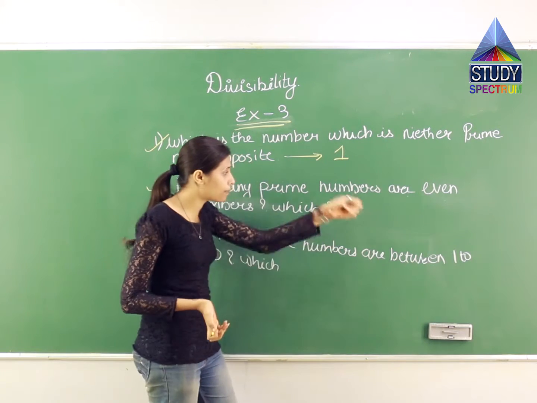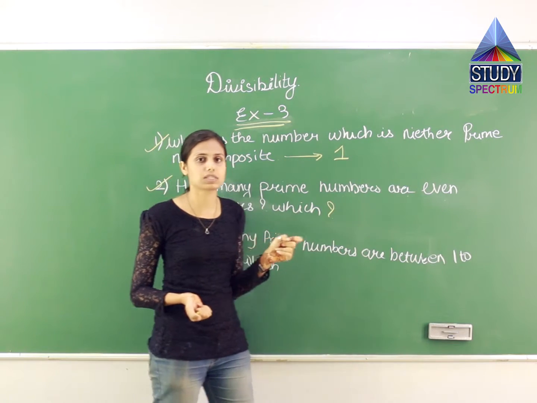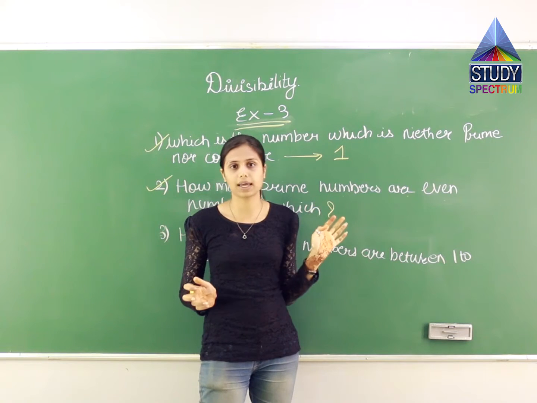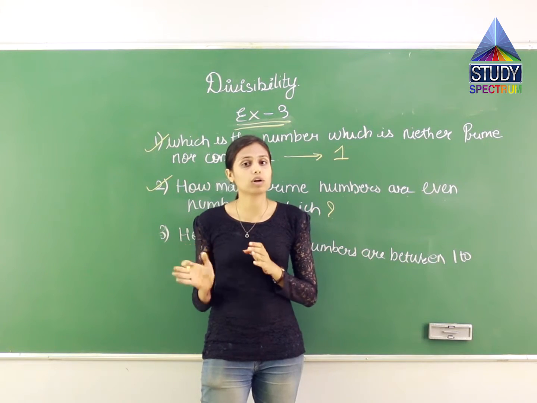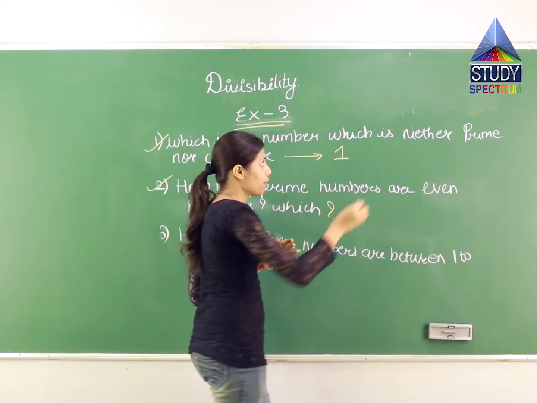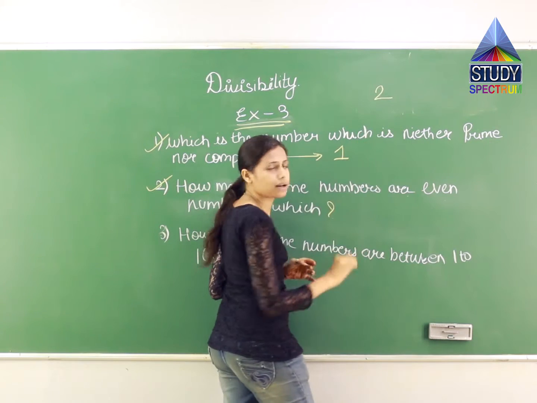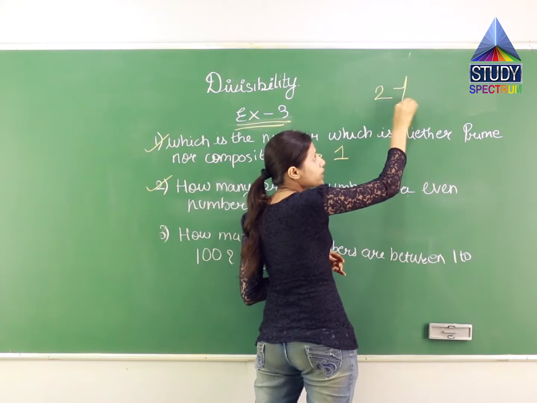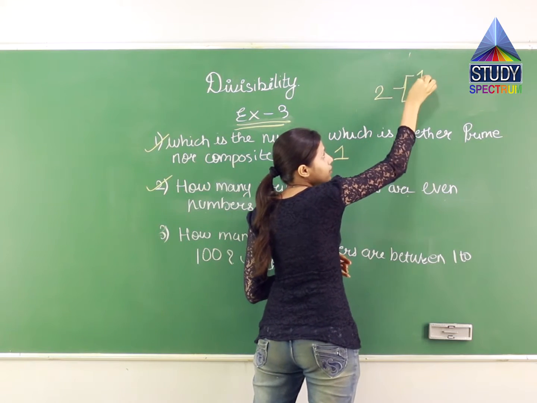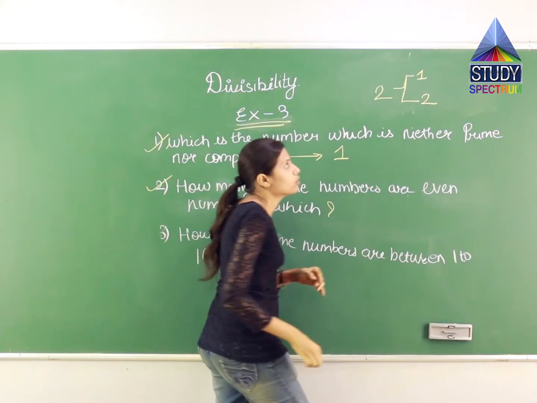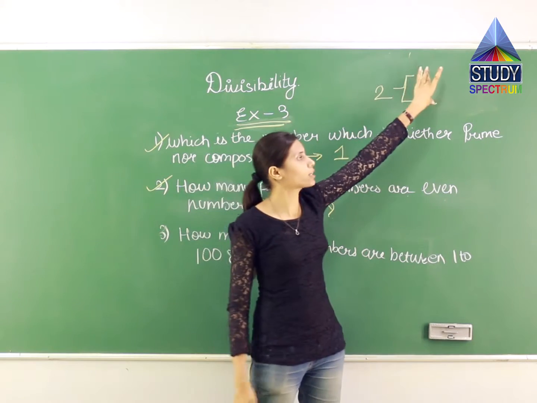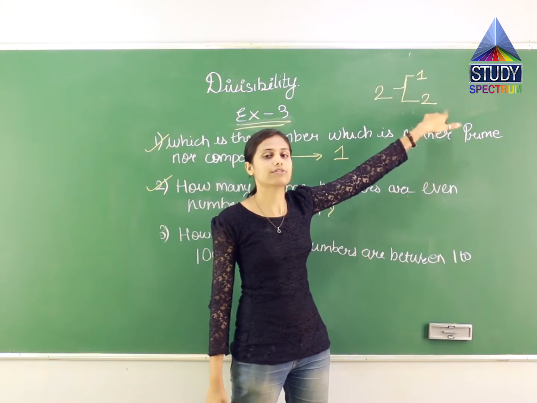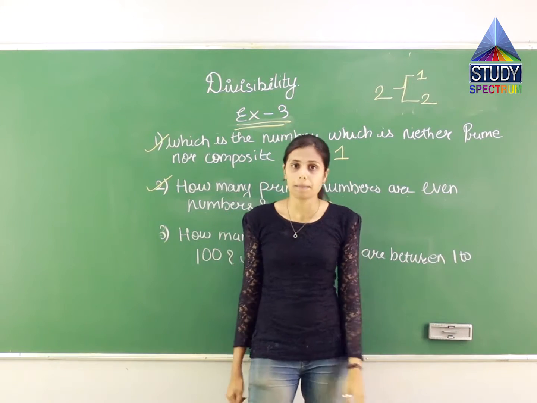So they are asking you which prime number is among the even numbers. From 4 onwards, there is not a single one. The remaining one is what? 2. If I consider 2, 2 is an even number, right? What are its factors? 2 has only 2 factors, which is 1 and 2 itself. So when a number has only two factors, 1 and the number itself, it will be what? It will be a prime number.